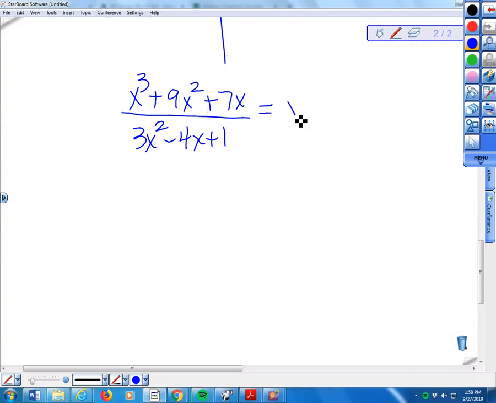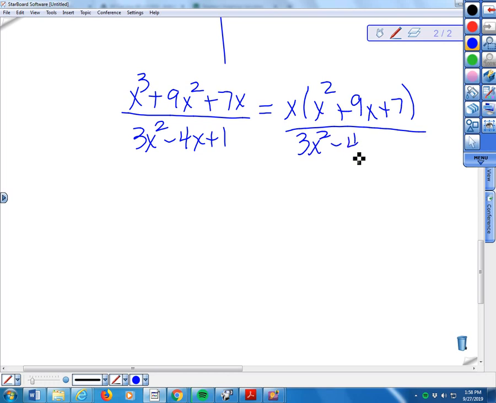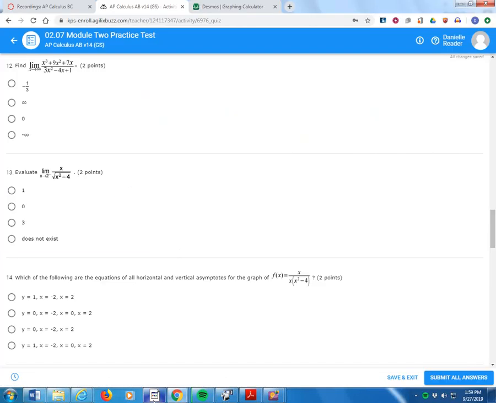So x squared plus 9x plus 7 over 3x squared minus 4x plus 1. Well, that factors to x, can't really do anything, can I? What's the denominator factor to? Maybe I just need to try and test it by plugging in. Oh, it's to infinity.